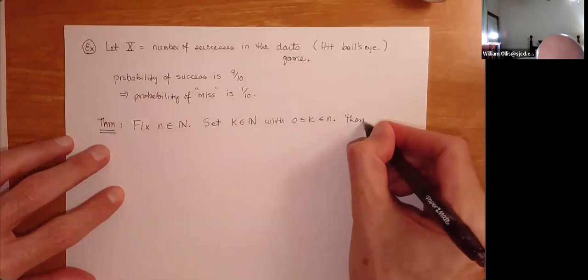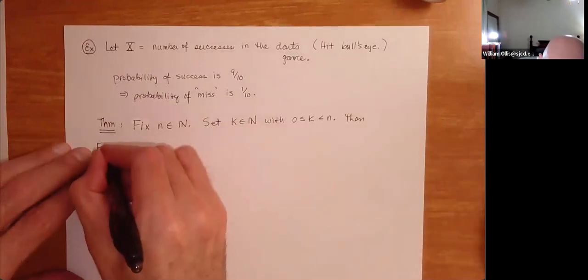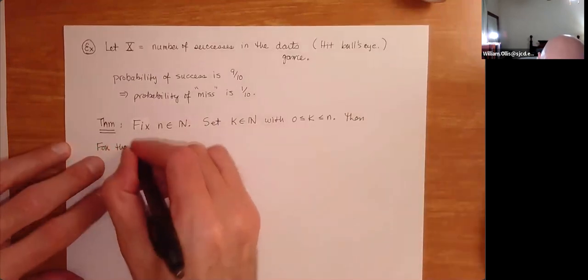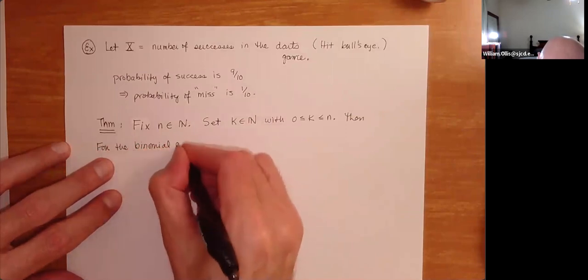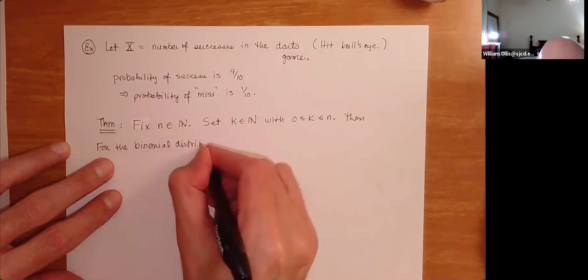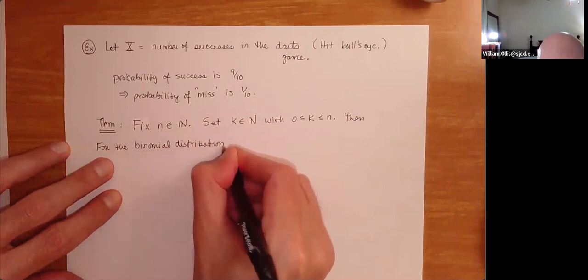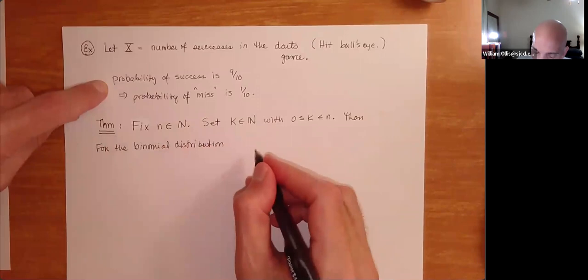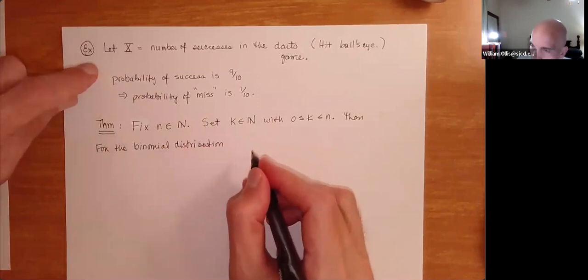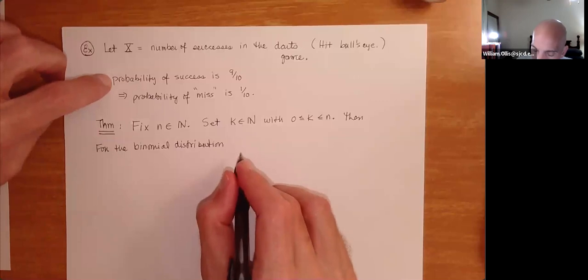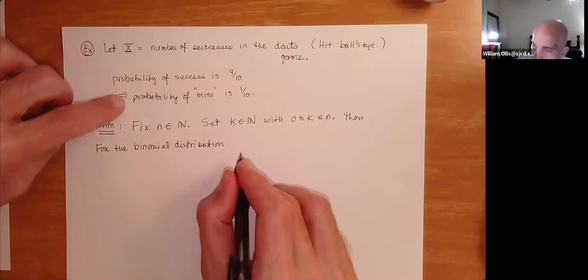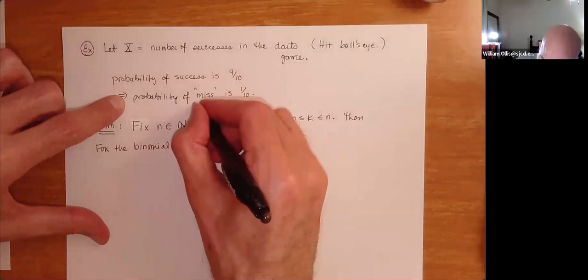Then for the binomial distribution, this is binomial because you've got these discrete cases that for each trial you have a probability of success and a probability of, sometimes they call this a failure.